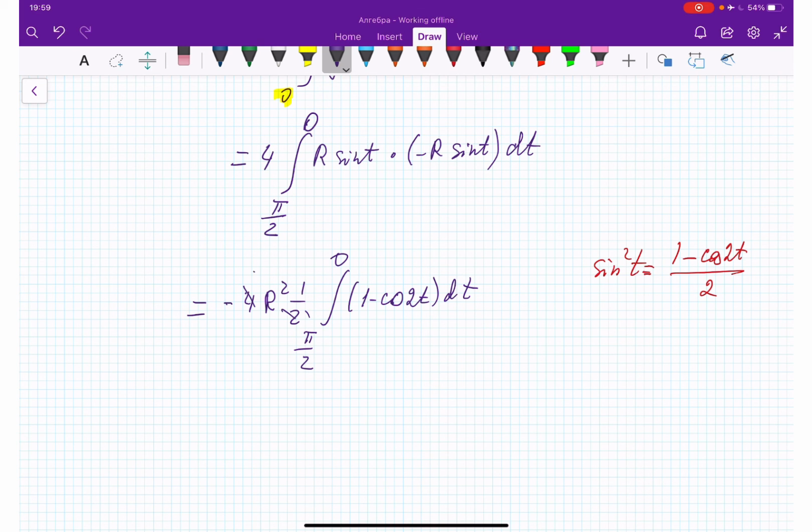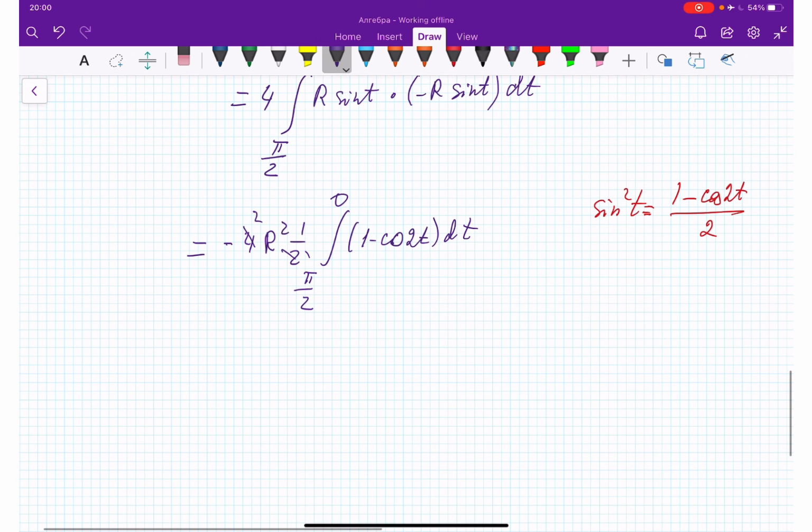This is 1, this is 2, and here it's equal to negative 2 r squared. So 1 dt is just t from pi over 2 to 0, and then plus cosine, since we have 2, this 2 is going to squeeze under d2t.